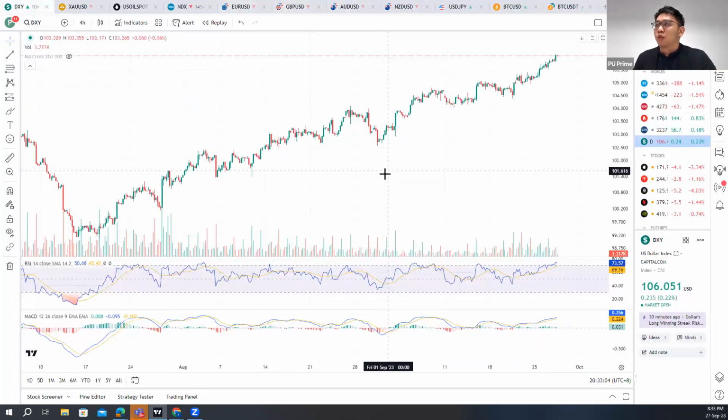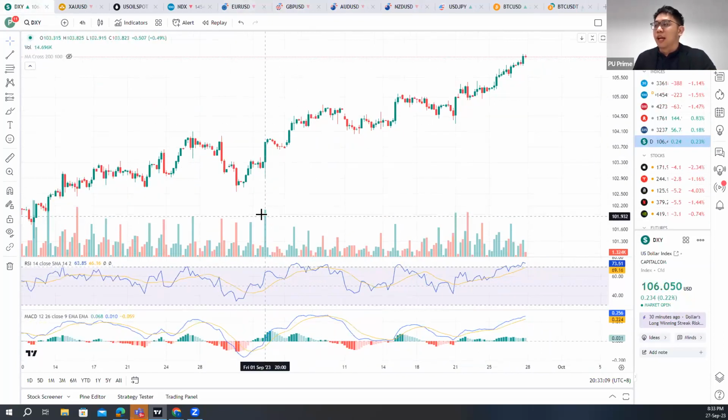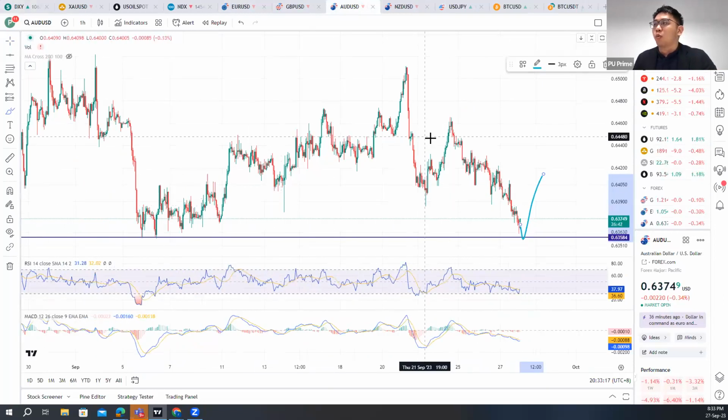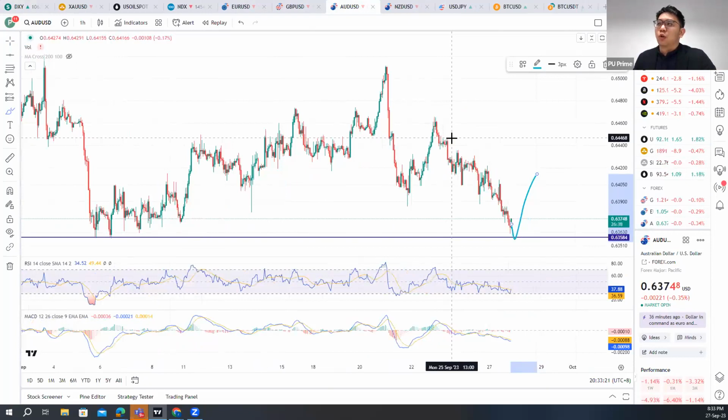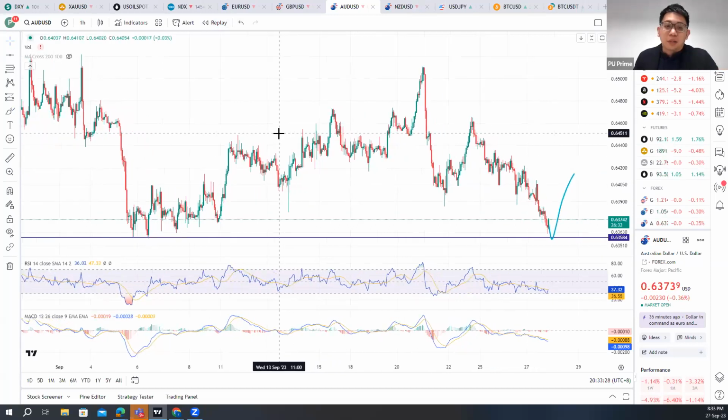If you look at the dollar index, for the entire September the dollar increased, but the Australian dollar could withstand the strong US dollar. So if there's any good news for Australia, you can expect the Aussie dollar to rebound.